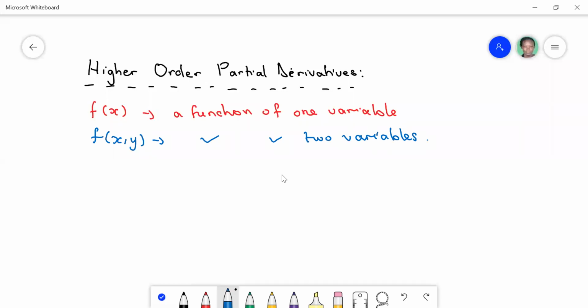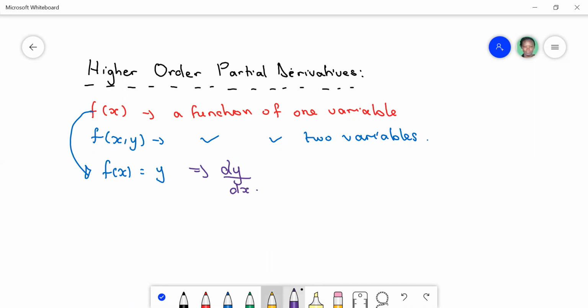In our last semester course, when looking at a function of one variable, if you had f of x equal to y, the derivative was dy over dx.